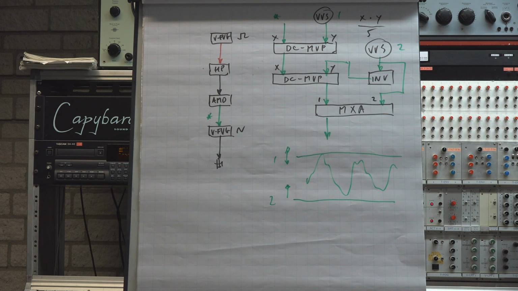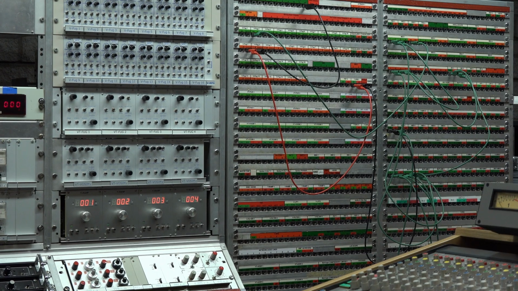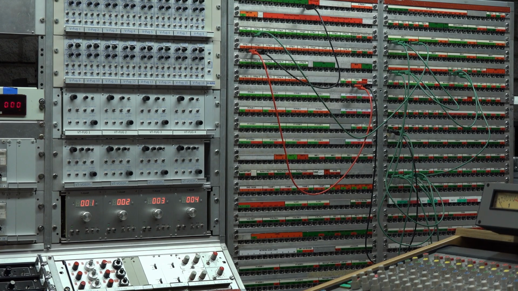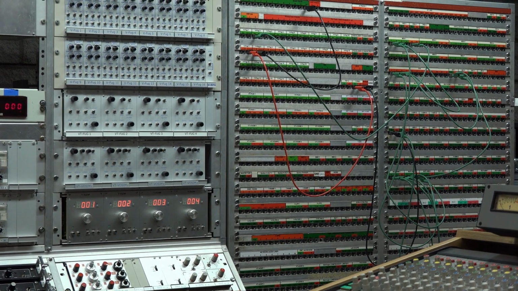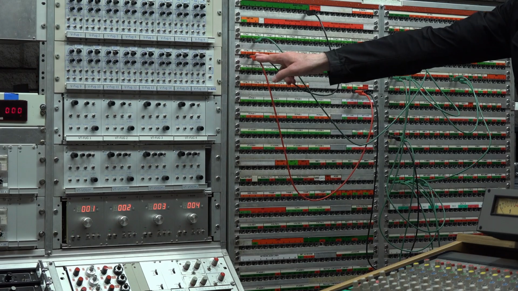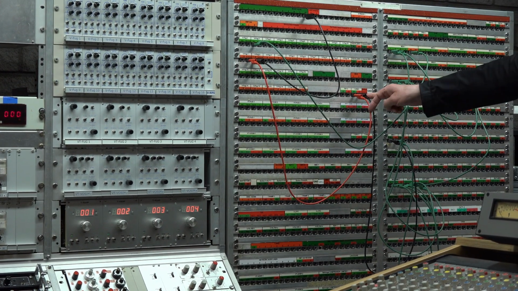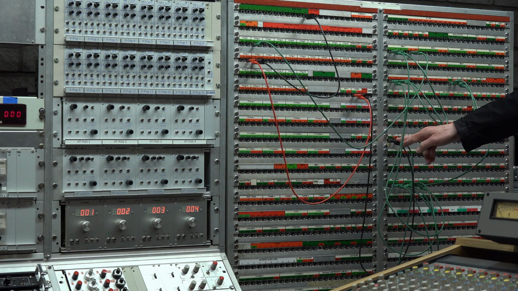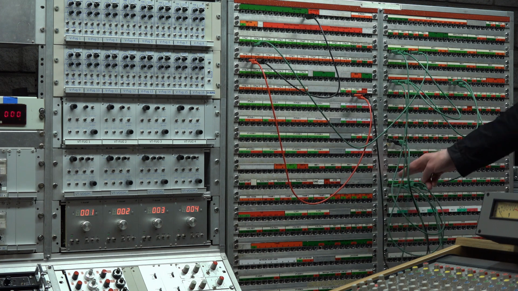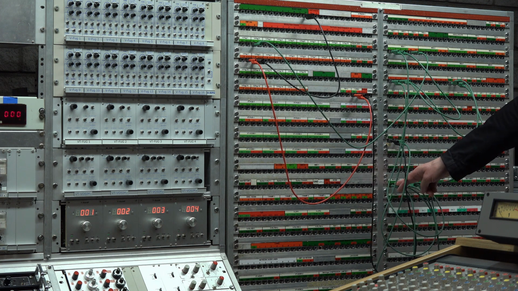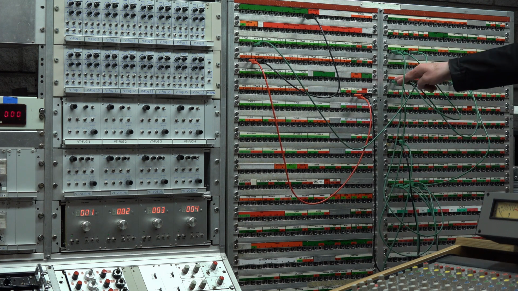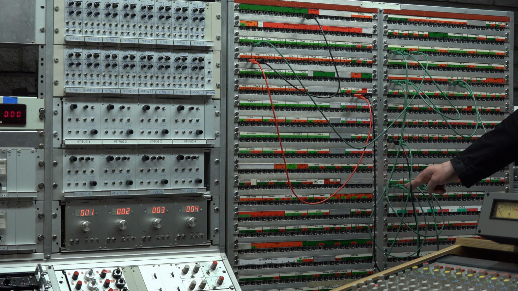Let's see if that works. I made the patch and I'm now just going to show what the connections are. Here we have the trigger for the noise generator, the unit of packet noise generator. The output goes to an amplitude demodulator. The amplitude demodulator goes into a multiplier. Here I have a variable voltage source which goes to the second input of the multiplier.